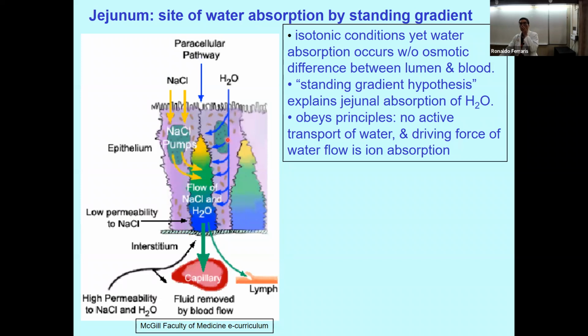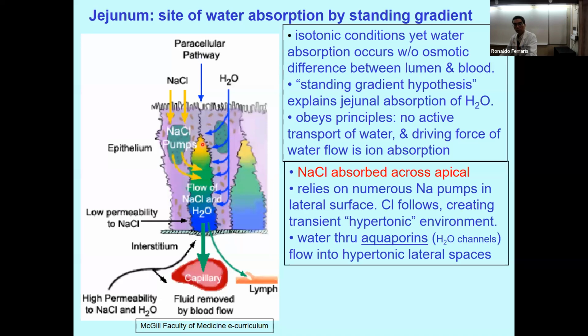So the sodium and chloride are transported from the cytosol into the space between intestinal cells. This process goes on and creates a transient hypertonic environment here.